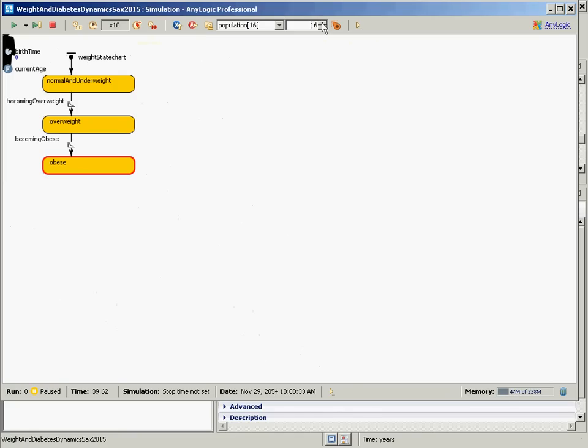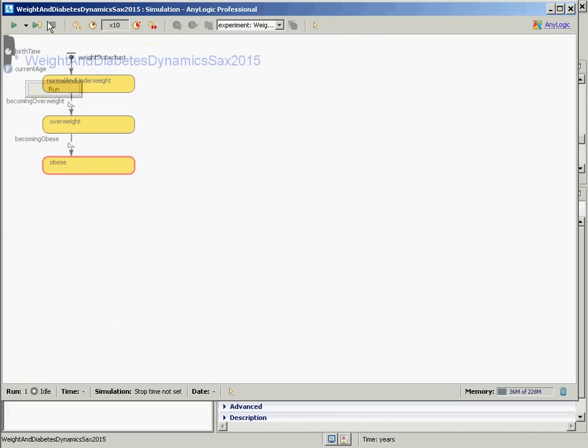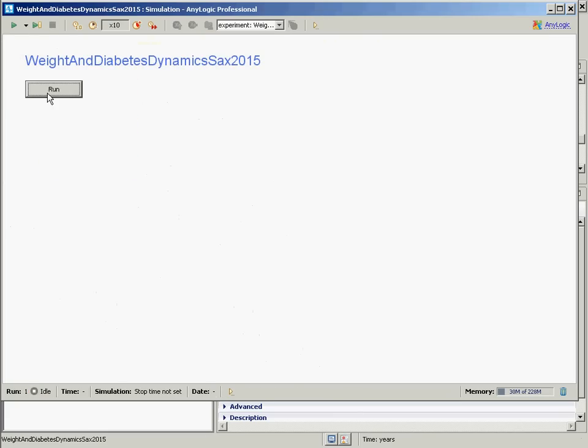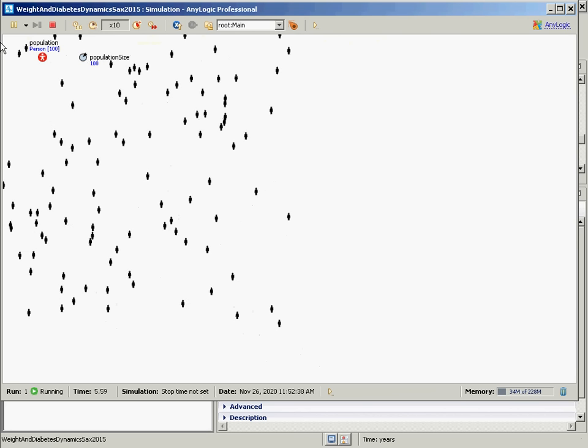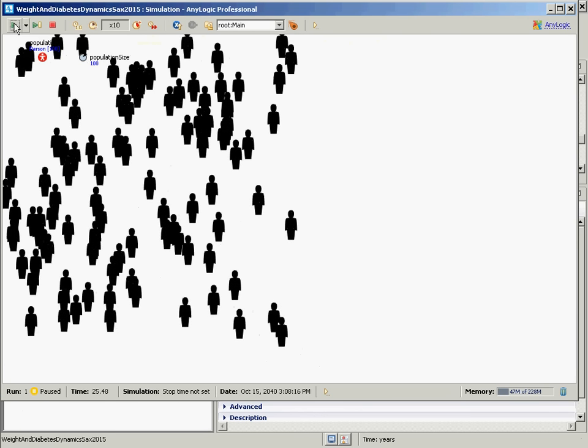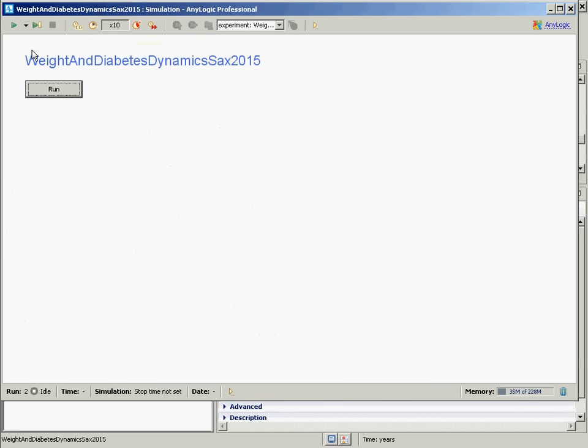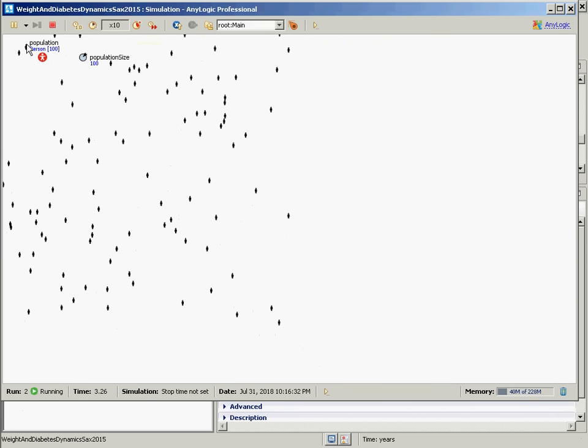Okay, but if we had stopped the model earlier, let's say stop it after 5 years. Okay, boom. Hey, oh man. Well, I tried. Let's try that again. Okay, here we go. No, that's 11 years. Okay, that will do. Here's someone who's normal and underweight.